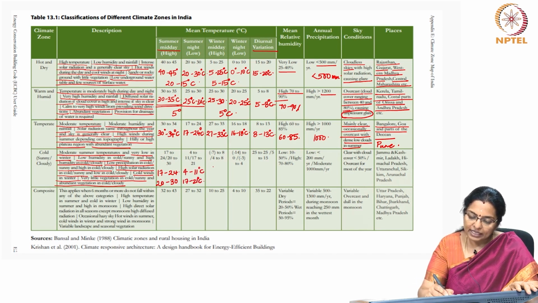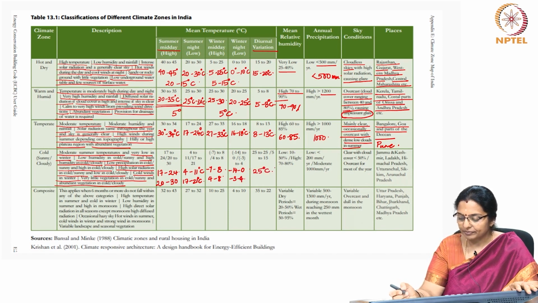In cold and sunny, winter midday ranges between -7 to 8 and between 4 to 8 in cold and cloudy. In cold and sunny, winter night ranges between -14 to 0 and between -3 to 4 in cold and cloudy. Diurnal variations are very high, about 25 degrees centigrade.